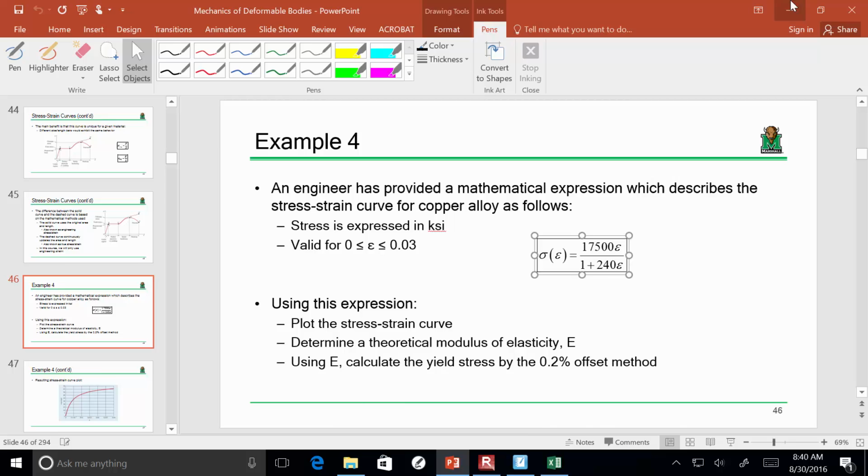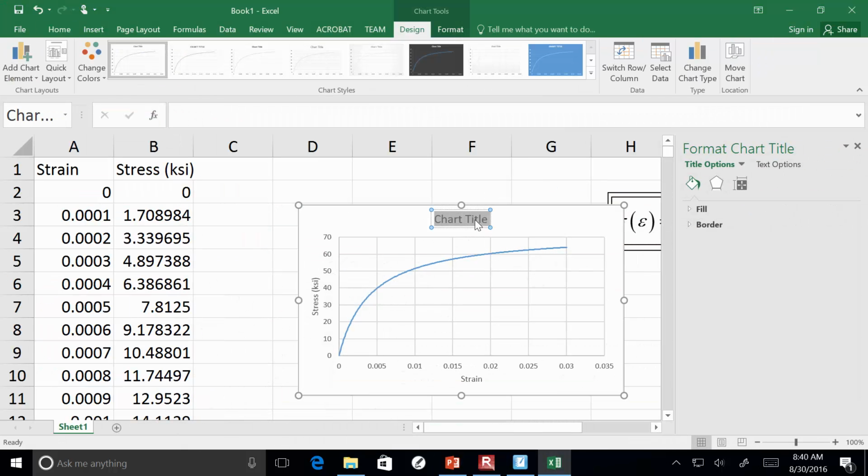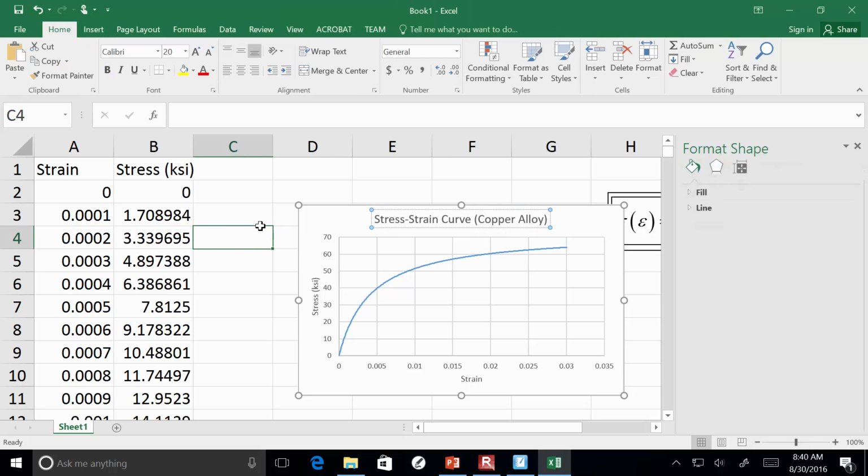This is for copper alloy, so I'll title it stress strain curve, copper alloy. So now I've labeled that out. Okay. Sound good?